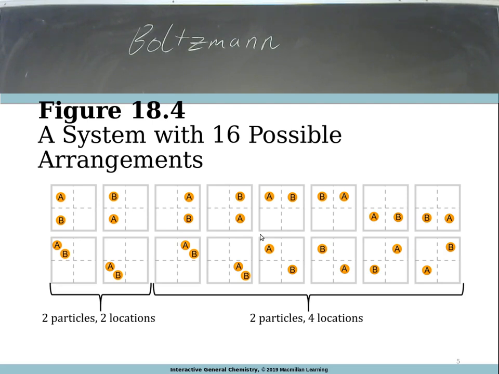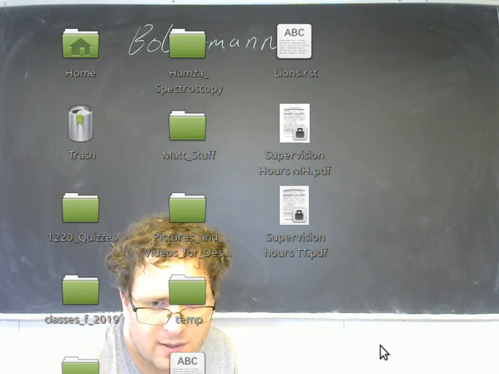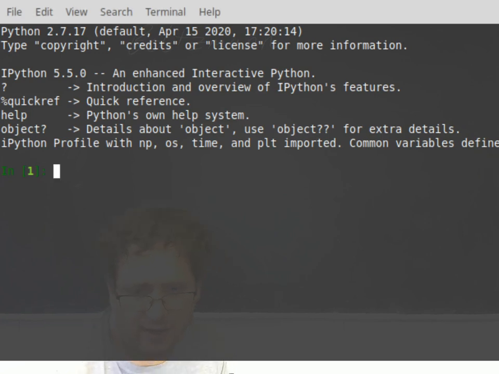If we wanted to find the entropy of this system, then we would take Boltzmann's constant times the natural log of 16. In fact, let's go ahead and do that. Let me pull up my calculator. I have Boltzmann's constant programmed in here already.